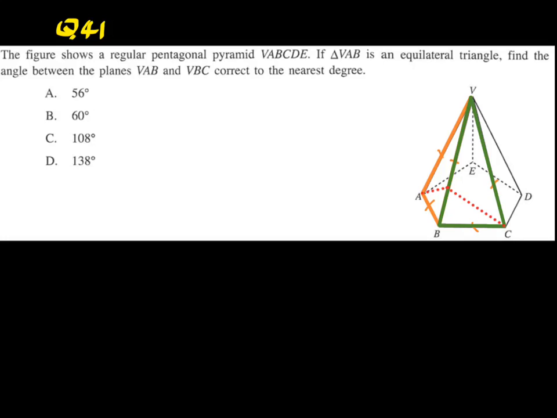And again, from the other vertex, which is at C, drop another perpendicular line to the adjoining line, VB. And that's the angle we're looking for. So here then, at the point P, we're looking at the angle APC, and that's the angle between the two planes.